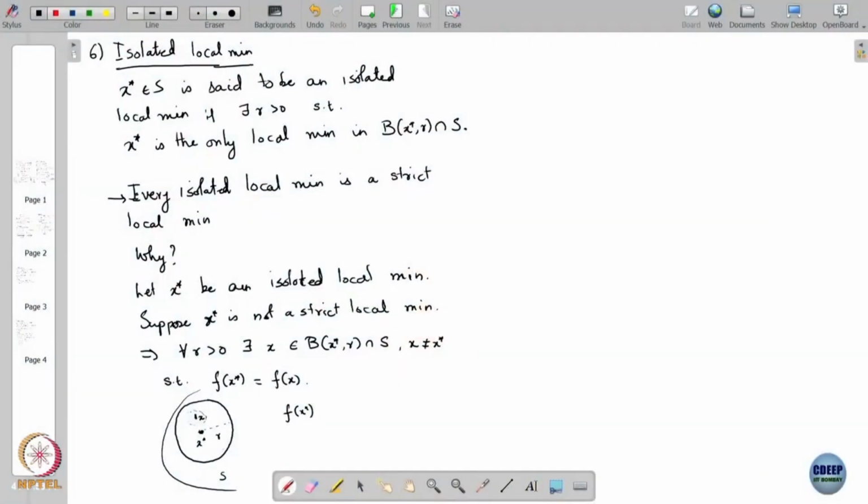So, which means that if I take a small enough radius, then in that radius x star is both a local minimum, okay, and there is another point whose value is the same as that of x star. So, what does this mean? Now, around this other point, I can draw another small ball. That small ball is going to be inside this particular ball, right.